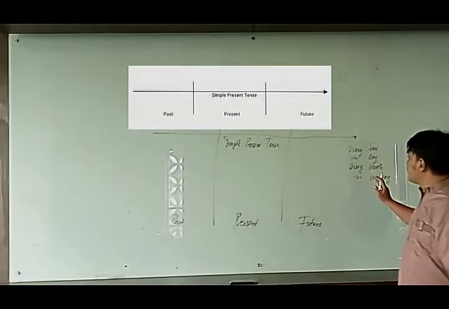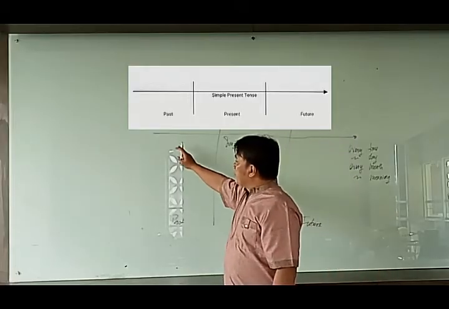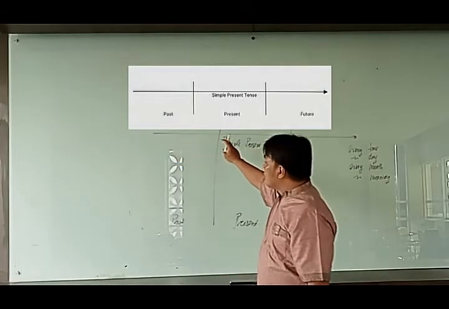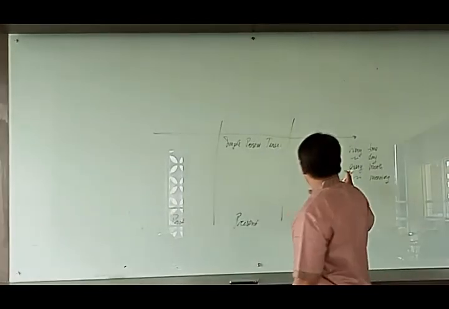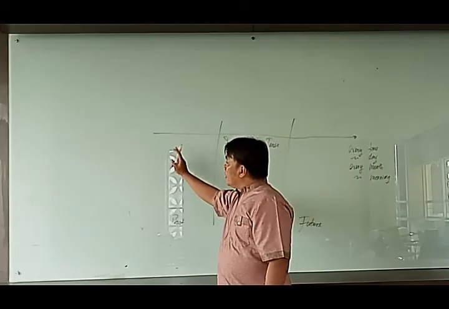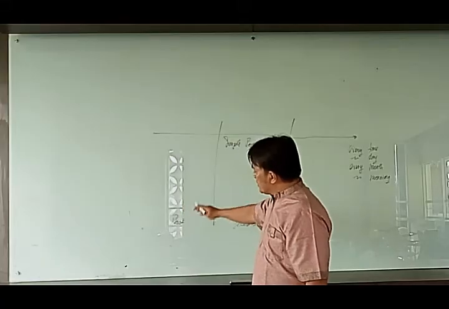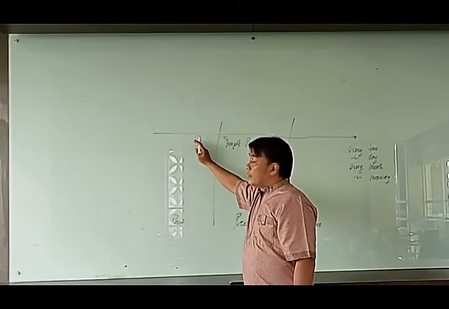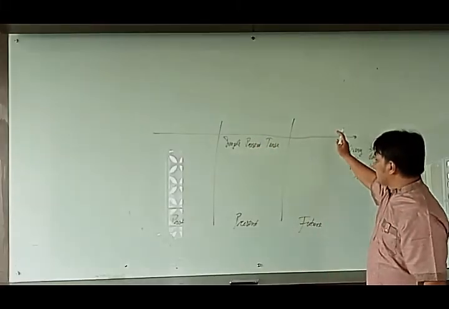So if we say every day, it's happened at the past, and also in the simple present. It means that the activities happen since the time at the past, and then at the time of the present, and also at the time of the future.